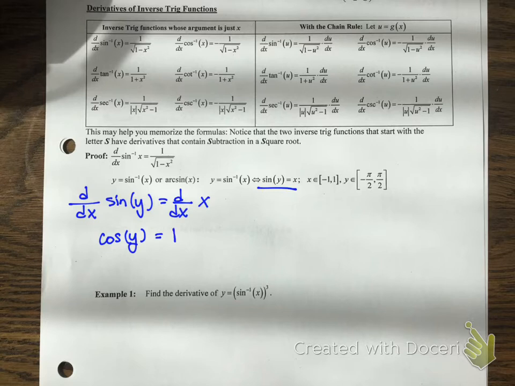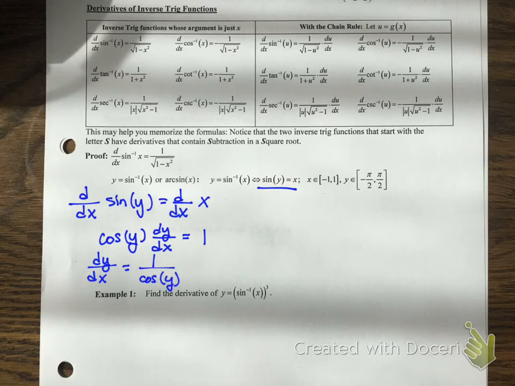And let me just kick back there, because whenever we take the derivative of y, remember I have to put dy dx next to it. So this next step looks like cosine y dy dx equals 1. So now my next step is to get dy dx by itself. So I'm going to go ahead and divide both sides by cosine y.